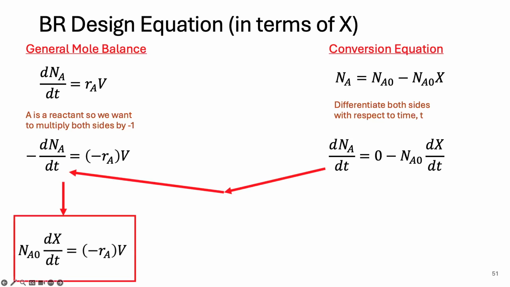And then from there, we can combine those and get a new relationship for our general mole balance equation in terms now of conversion. So this will allow us to determine how large of a volume we need to achieve a certain conversion in a certain amount of time.